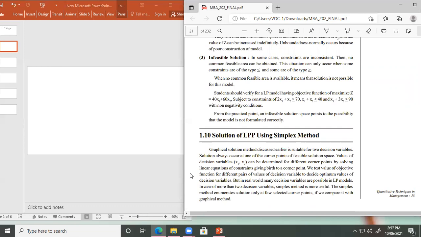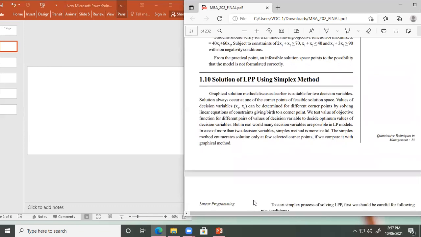So we test the value of the objective function for different pairs of values of the decision variables to decide the optimum values. In cases of more than two decision variables, the simplex method is used.